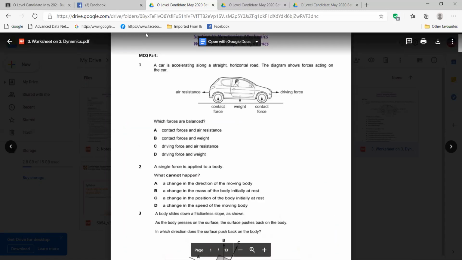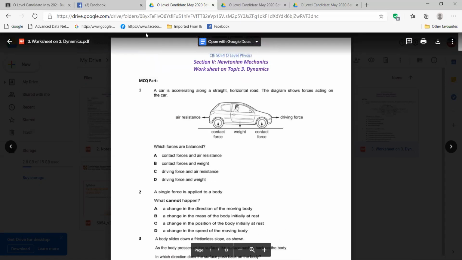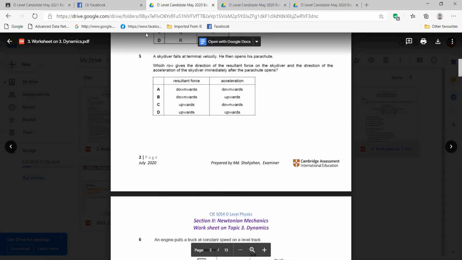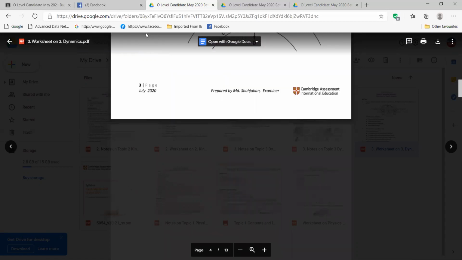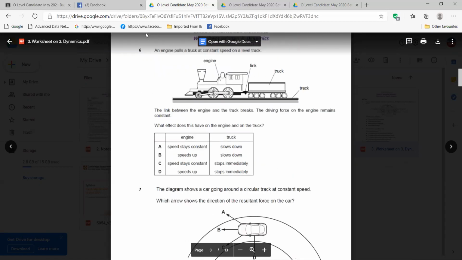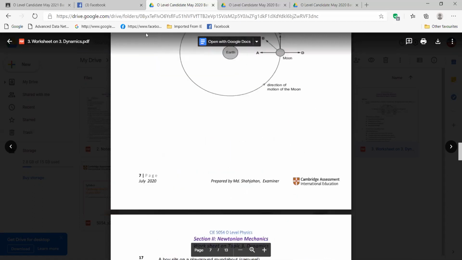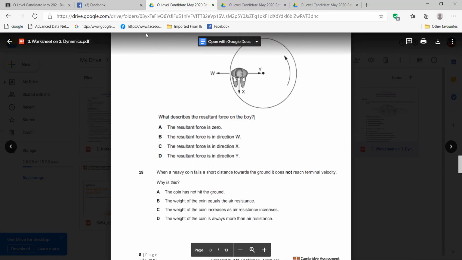So you are seeing the worksheet now, right? Yes, on topic 3. Question number 8.